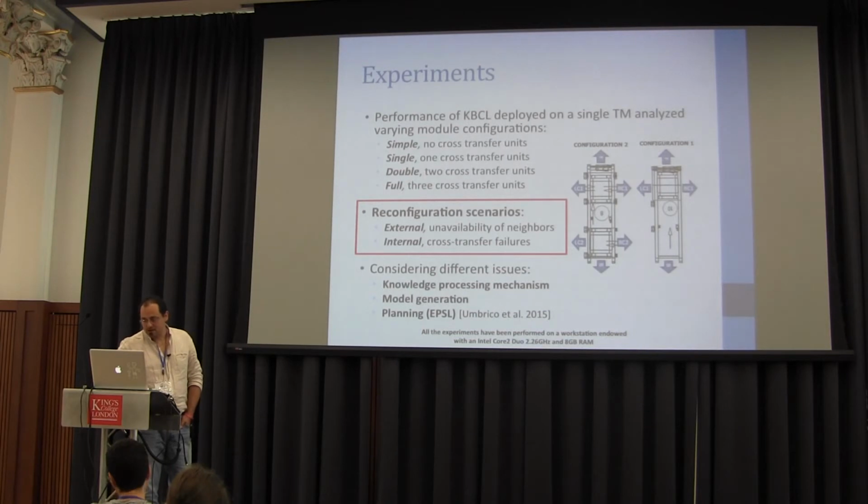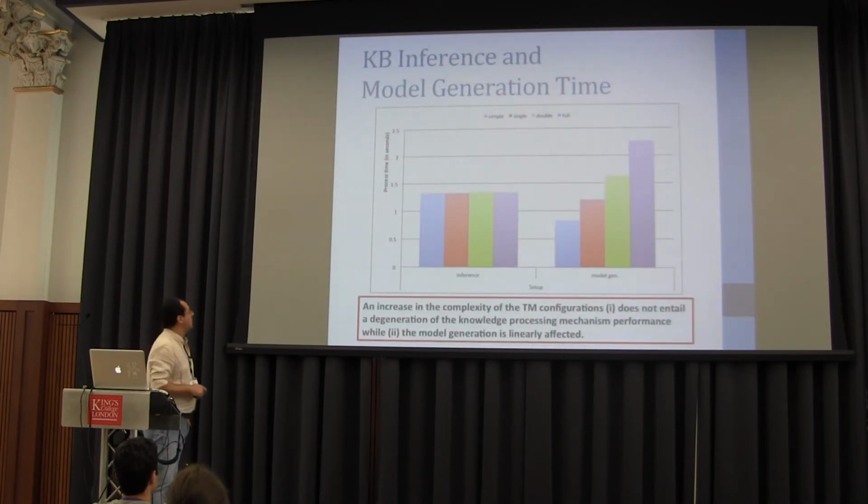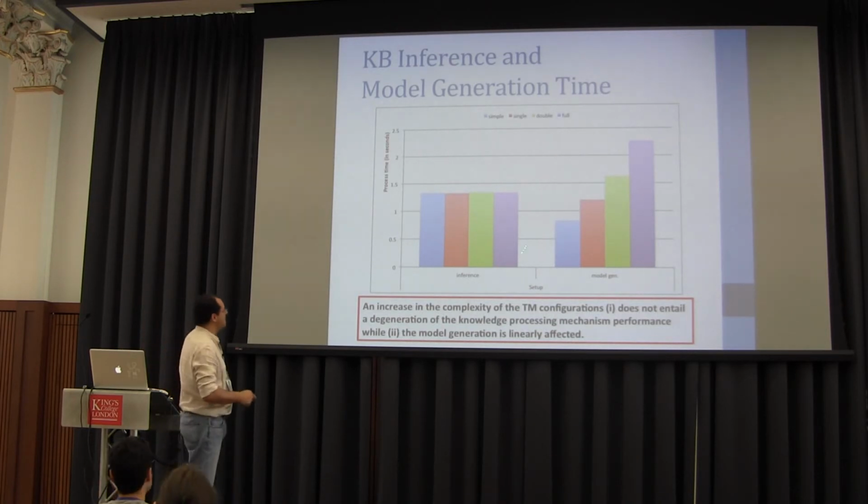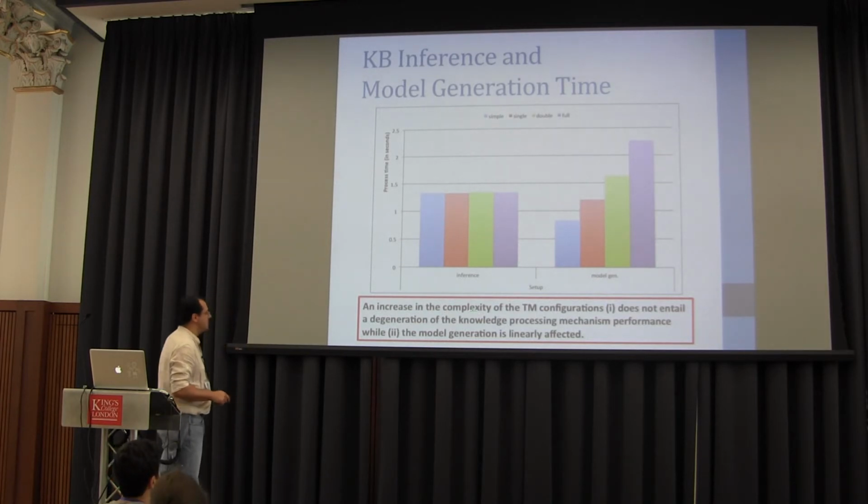For the knowledge-based inference and model generation cost, this is the setup phase, so when the system is switched on. We have a constant inference cost and a linear trend in the model generation process cost.